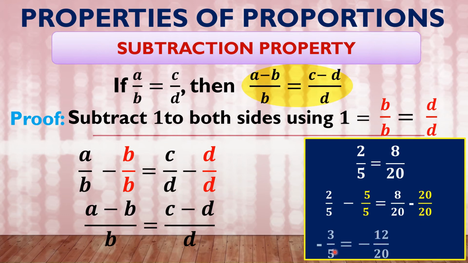So we have negative 3 over 5 is equal to negative 12 over 20. Are they equal? Yes, of course. Because when you multiply 3 by 4, you got 12. When you multiply 5 by 4, you will get 20. And not only that, by using cross multiplication, their products are the same. Negative 60 is equal to negative 60.